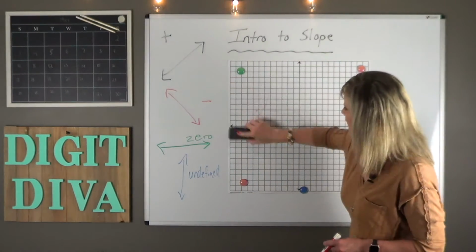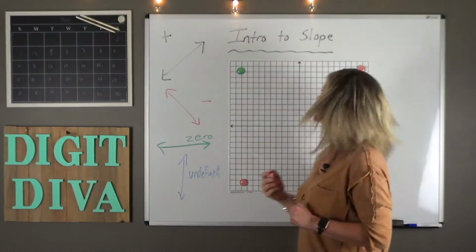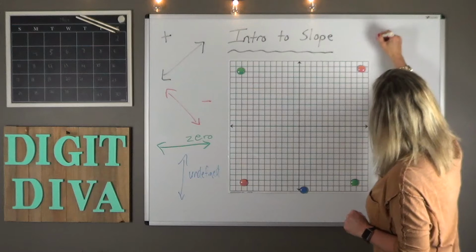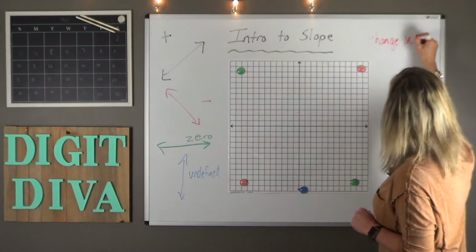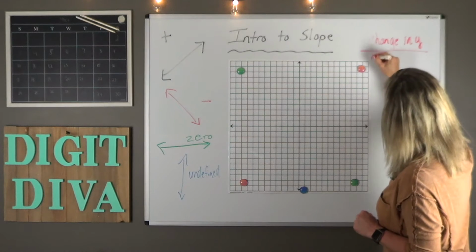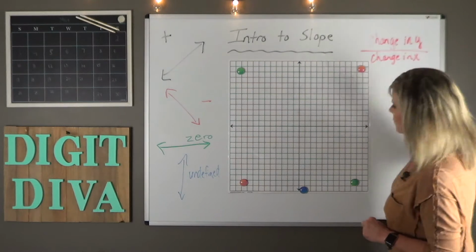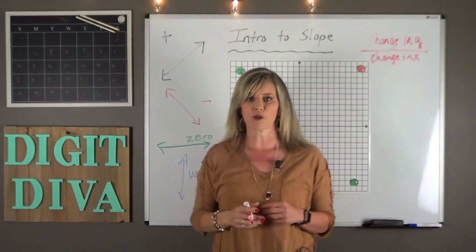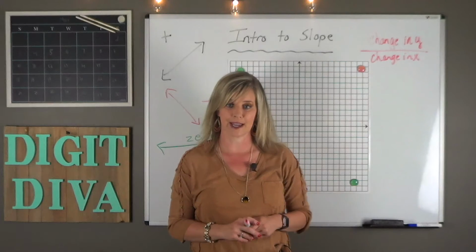So it's going to take us a little while before we get used to it. Okay, so I'm going to go ahead and write change in y divided by the change in x. Okay, so that's our slope formula. The change in y divided by the change in x.